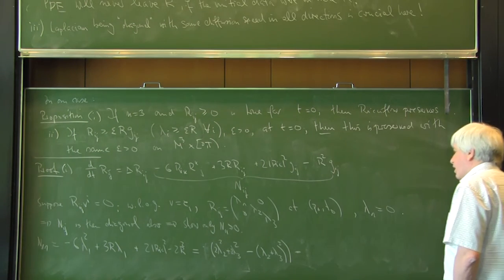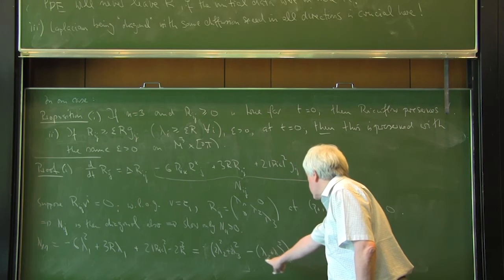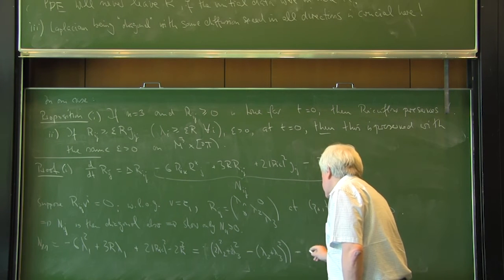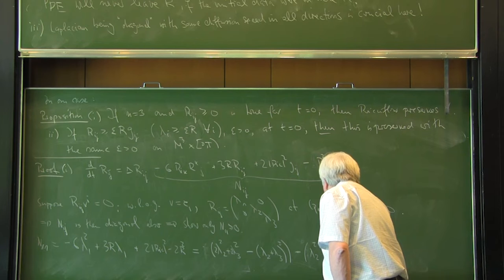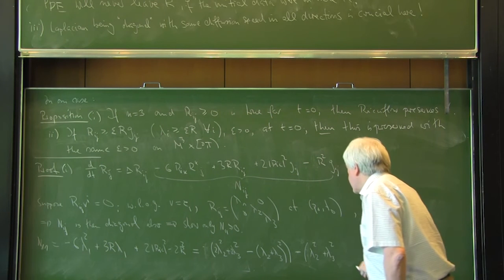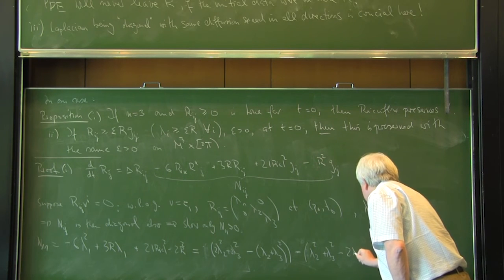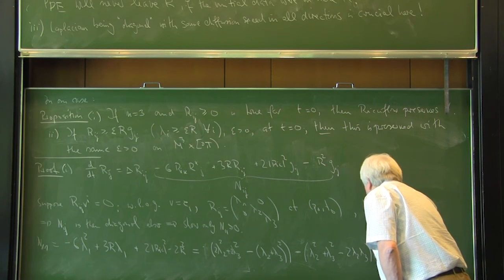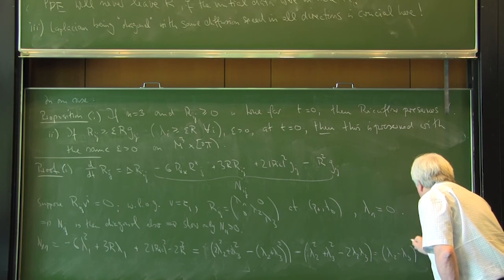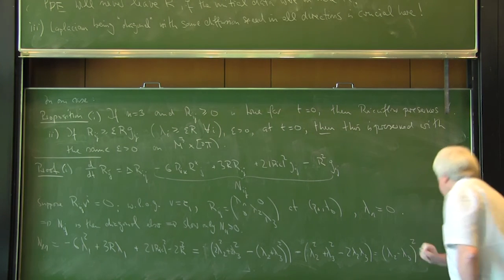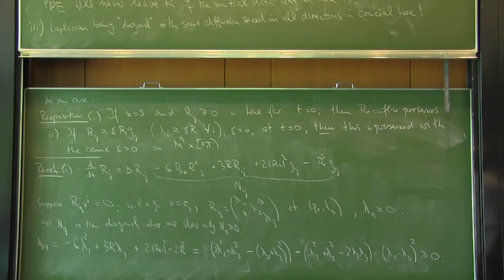And what's left over is, so subtracting this from this, I'm left over with 1 lambda 2 squared and another lambda 3 squared. And then I have minus 2 lambda 2 lambda 3. And the whole thing is lambda 2 minus lambda 3 squared, which is greater or equal to 0, which is what we wanted to prove.